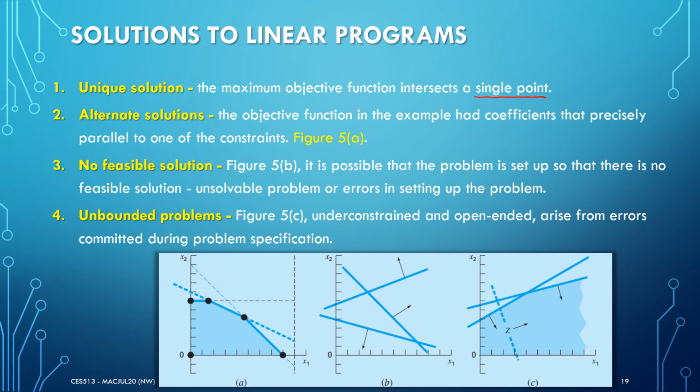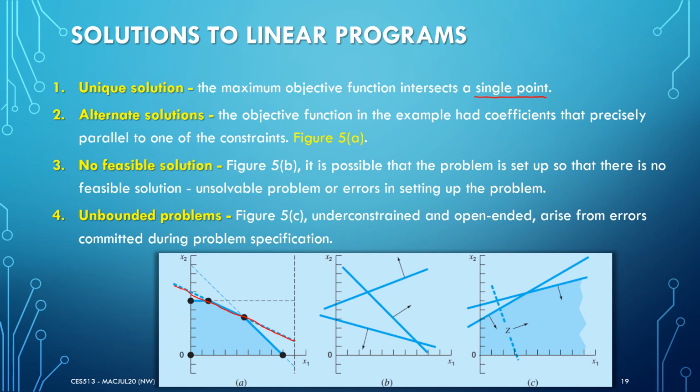The second one is the alternate solution. For the alternate solutions, the objective function in the example had coefficients such that it was precisely parallel to one of the constraints, as we can see here.